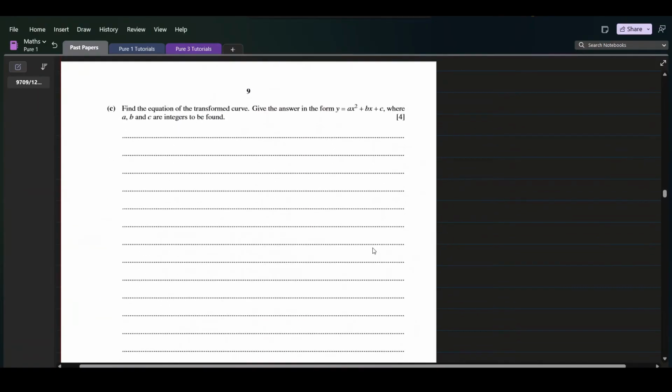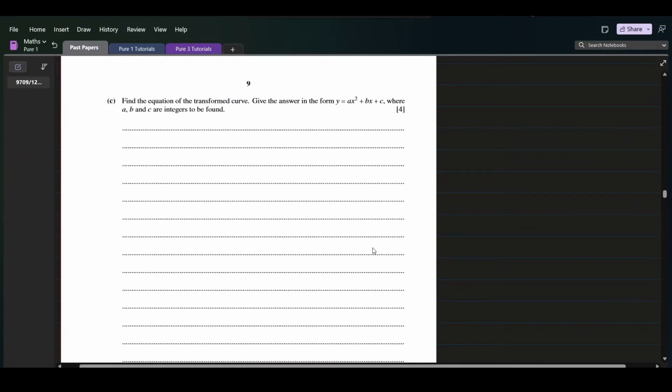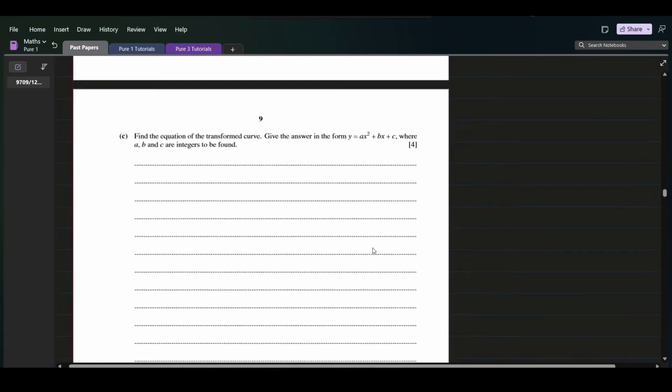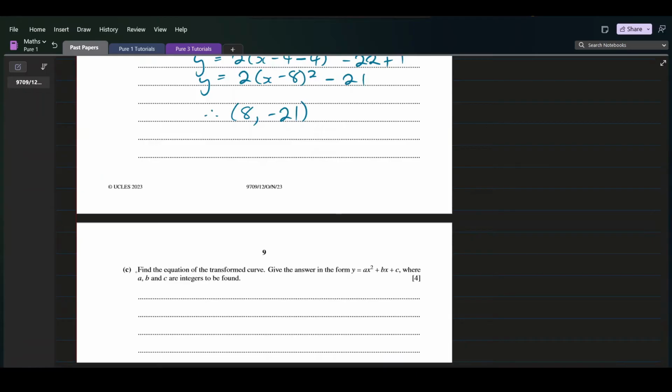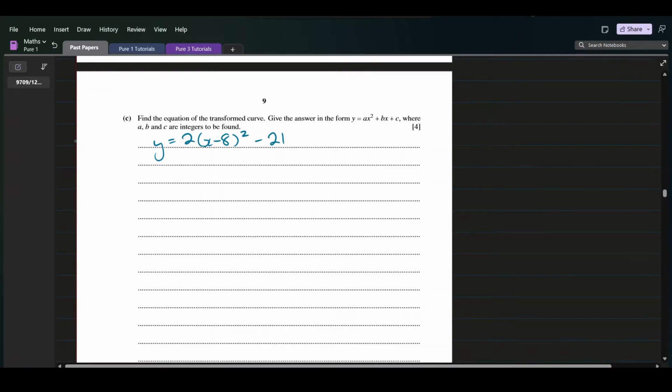Part C. Find the equation of the transformed curve. Give the answer in the form y equals ax squared plus bx plus c, where a, b, and c are integers to be found. Let's take the completed square form of our answer in B. That's y is equal to 2 times x minus 8 squared minus 21. Now we simply have to expand.